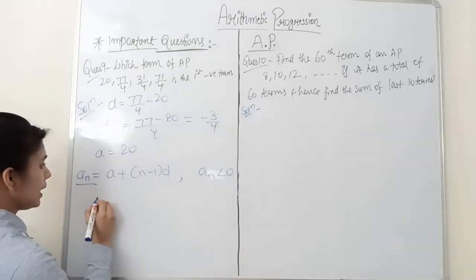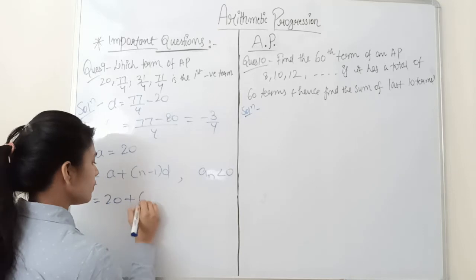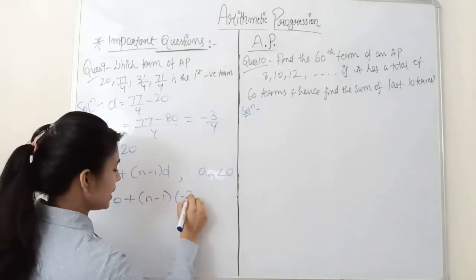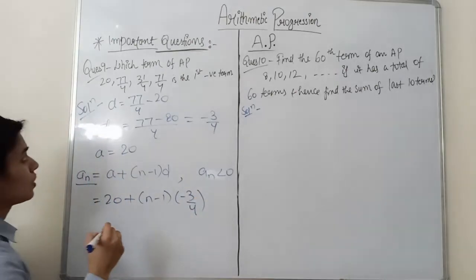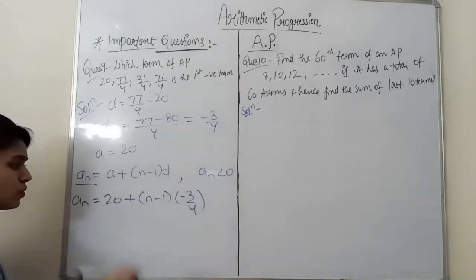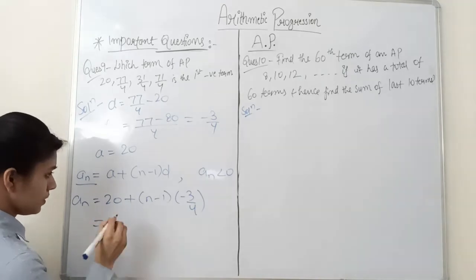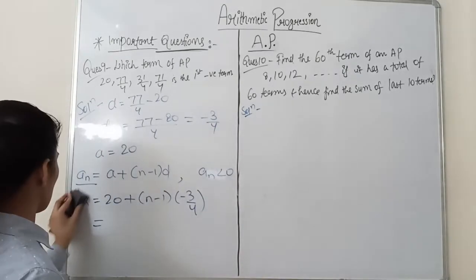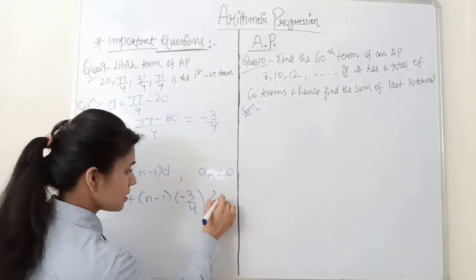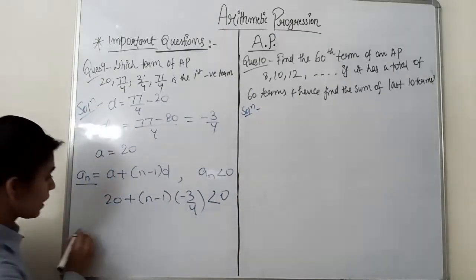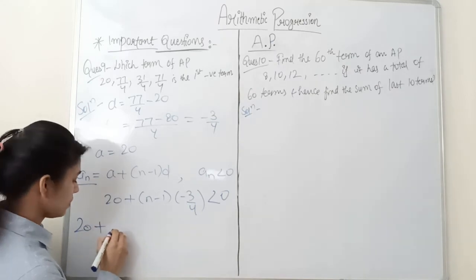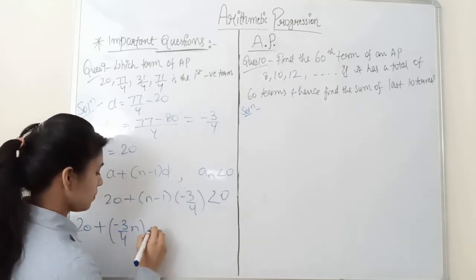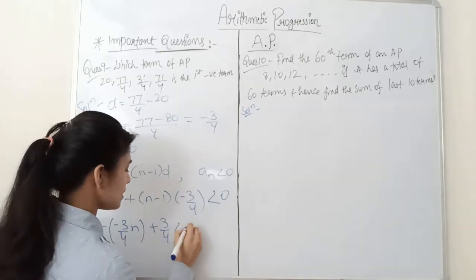So A is 20, n is as it is, D is minus 3 by 4, and An should be less than 0. Okay. 20 plus minus 3 by 4 n plus 3 by 4 is less than 0.